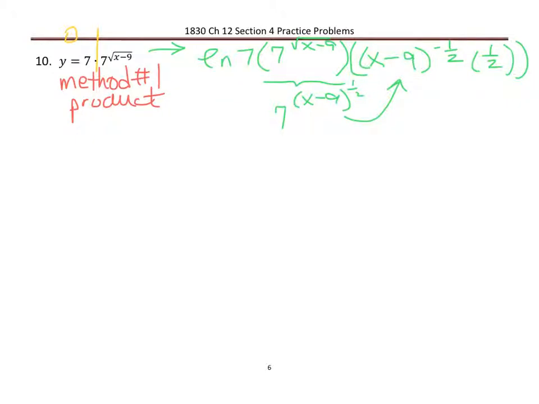the product rule, then it's first, which is 7, times the derivative of the second, which is 1/2, bring that out front, times the natural log of 7 from there, times 7 to the square root of x minus 9, times the rest of the derivative of this.